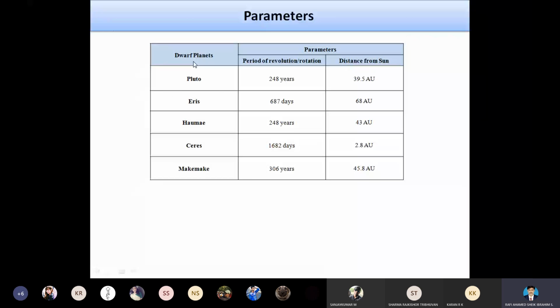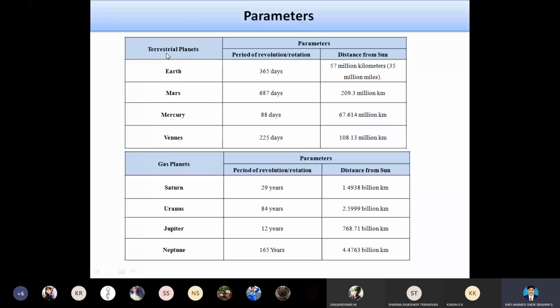The terrestrial planets are the planets orbiting near to the Sun: Mercury, Venus, Earth, Mars. The period of revolution is for Earth 365 days, for Mars 687 days, for Mercury 88 days, for Venus 225 days.